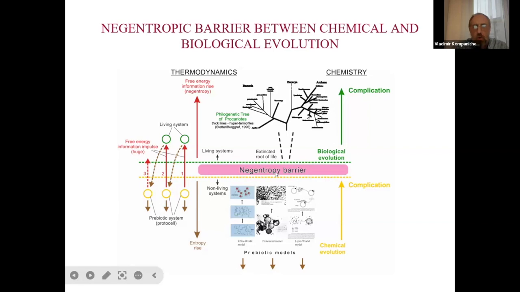So, in order to overcome the barrier between non-life and life, the prebiotic microsystem must undergo thermodynamic transformation. That means it must transit from existence in the deficit of free energy or surplus of entropy into a system where the contribution of free energy is prevalent over the contribution of entropy.